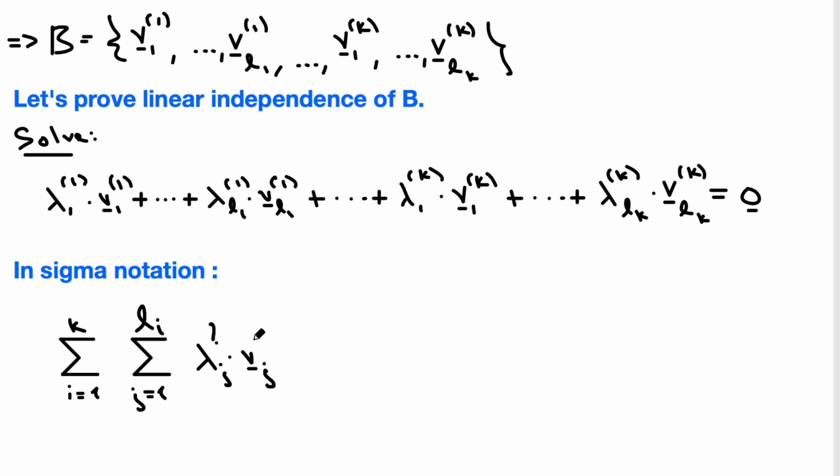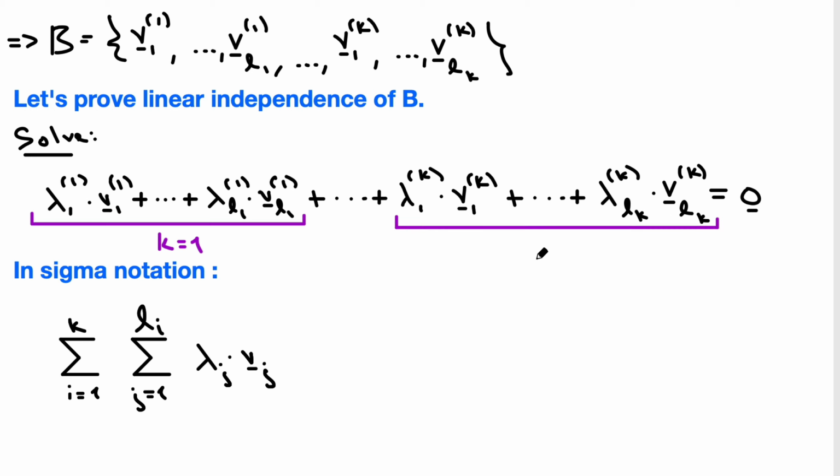And then what about this upper index up here? Well, notice the following. This part over here pretty much describes k equals 1. In between we have k equals 2 and so on. And this describes just k.